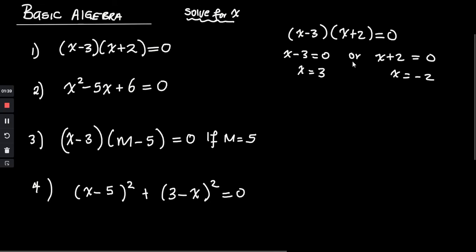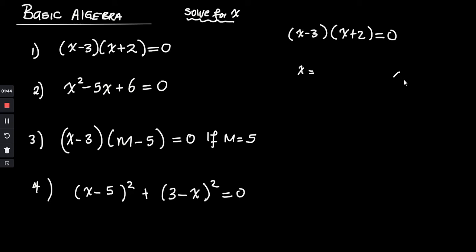So let's look at another example. I'm just going to change a few things in these brackets. Say it is x + 5 and x - 7.